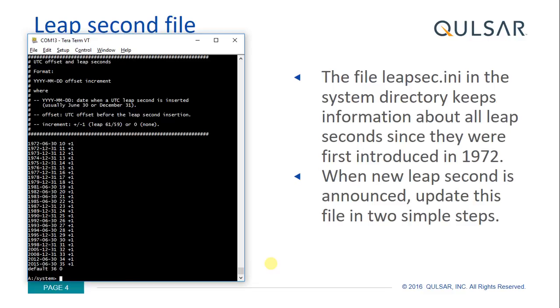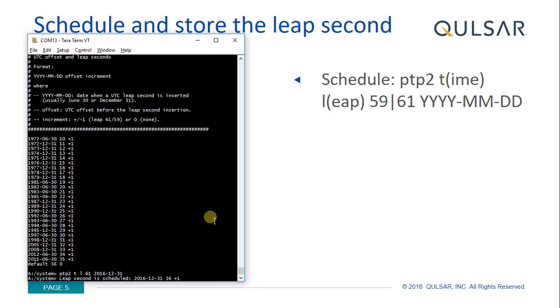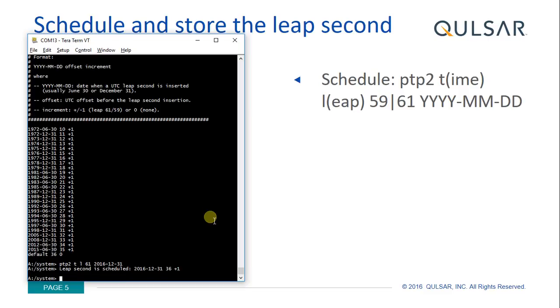What we now need to do is to update this file, which is done by two simple commands. First, we need to schedule the leap second, and that's done by this command. And then we have to store that scheduled leap second into the file, which is done by this command.